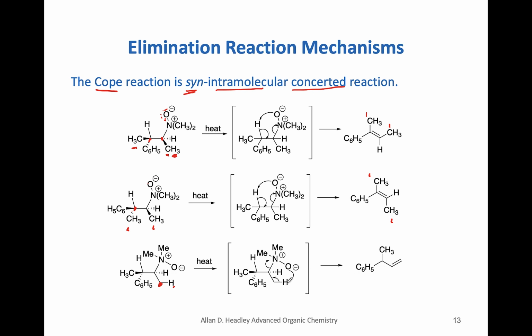The base comes in, abstracts this, to form the alkene that's formed here. That's a less stable alkene, but a possible product. As you can imagine, this is the minor product, and these are the major product based on the stereochemistry of the reactant.